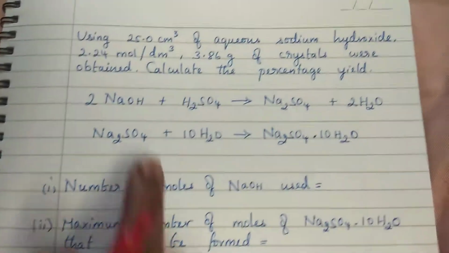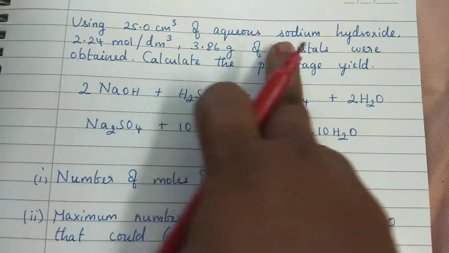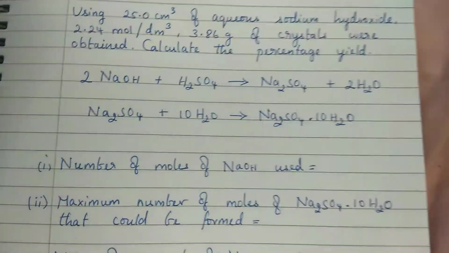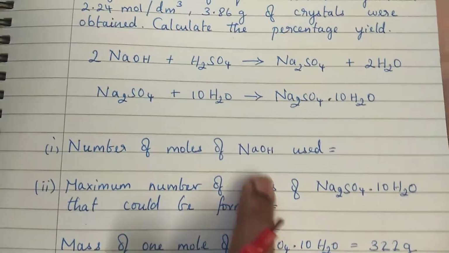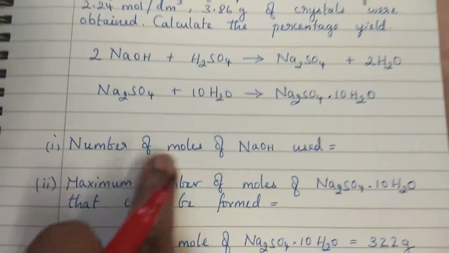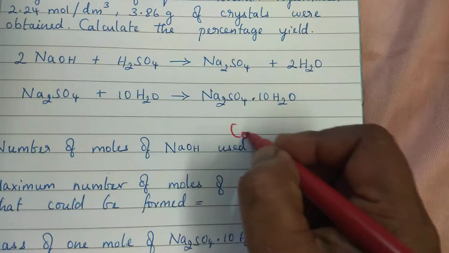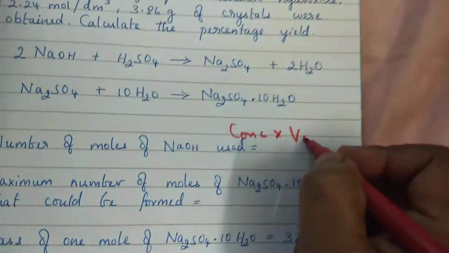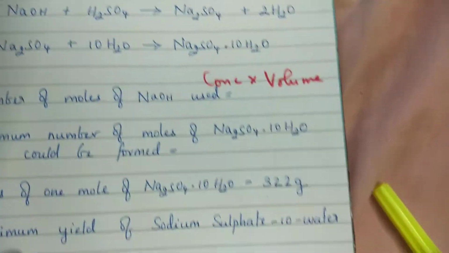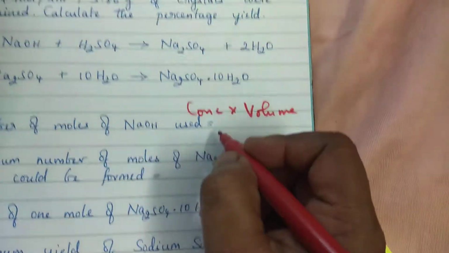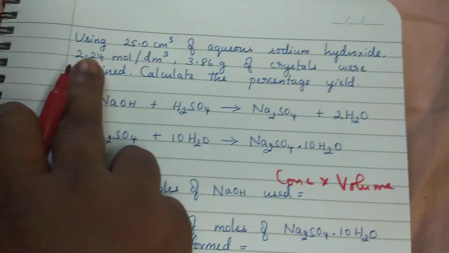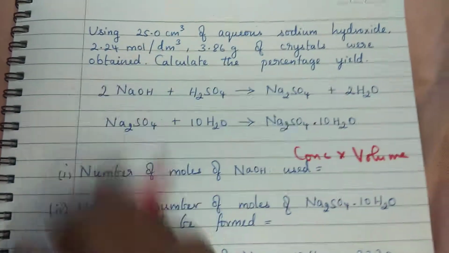Number of moles of NaOH: over here they have mentioned aqueous sodium hydroxide. That means what is the formula for a liquid to find the moles? It's concentration into volume. What is the concentration over here? It's given in the question, right? 2.24 mol/dm³.